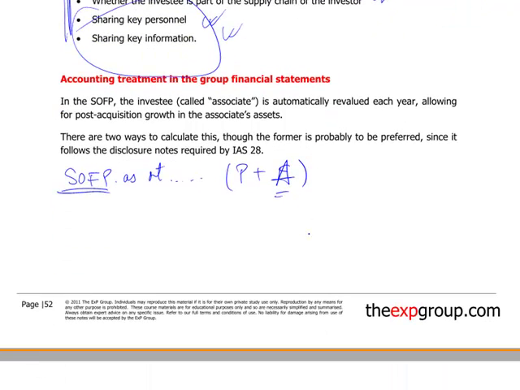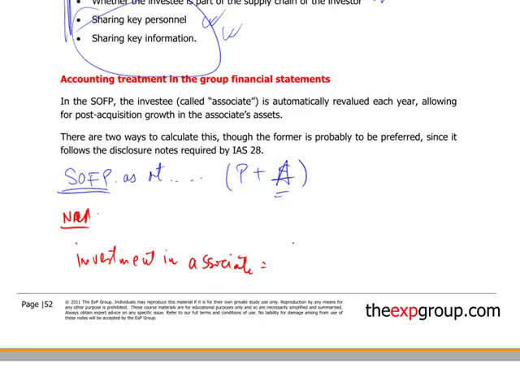You're not going to consolidate line by line assets and liabilities. All you will have is a special line under non-current assets called investment in associate.